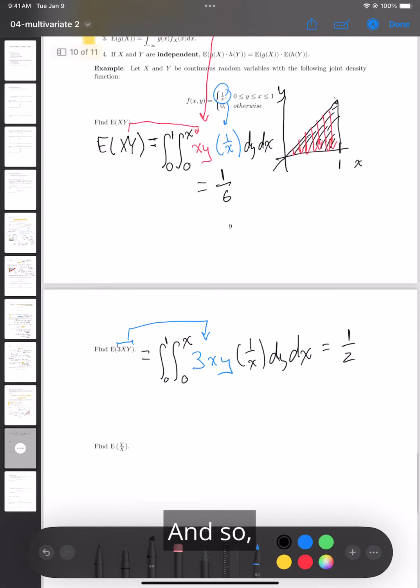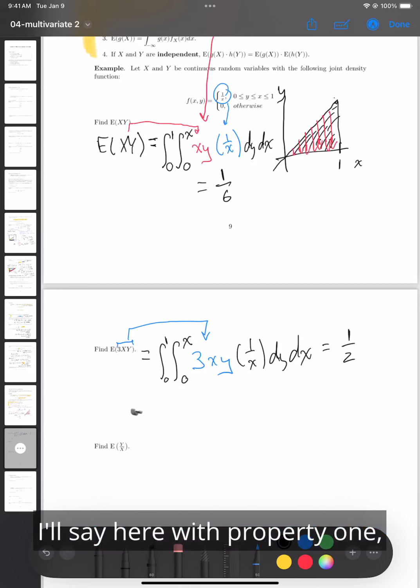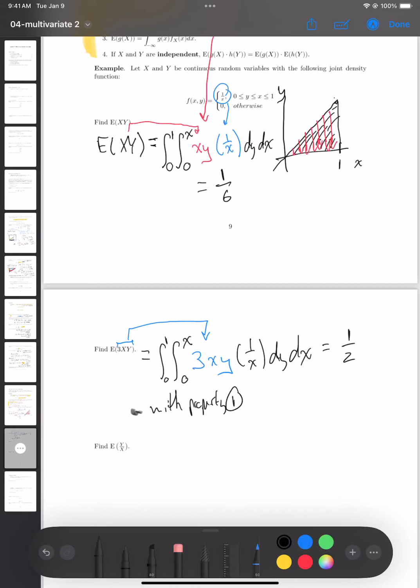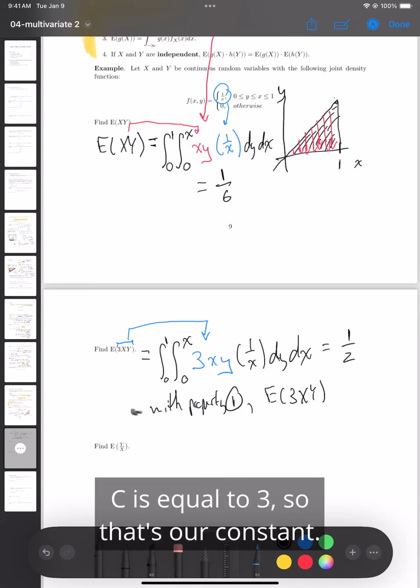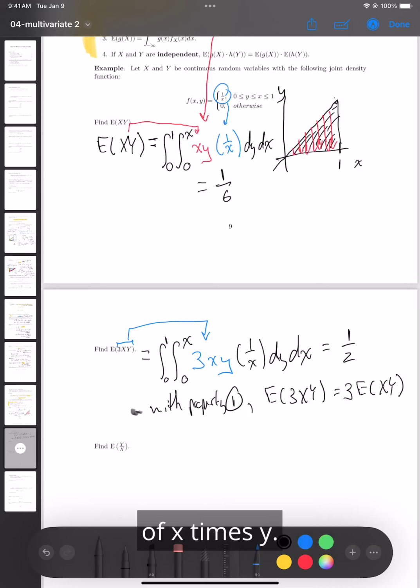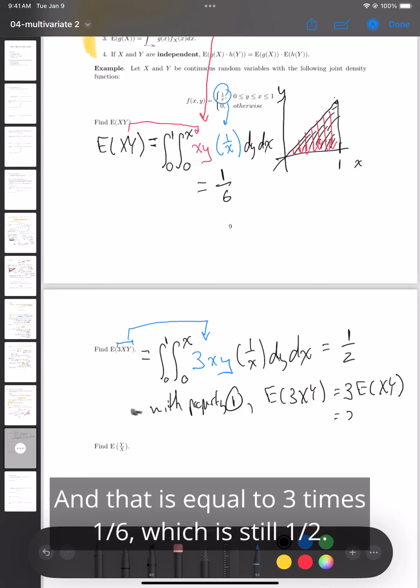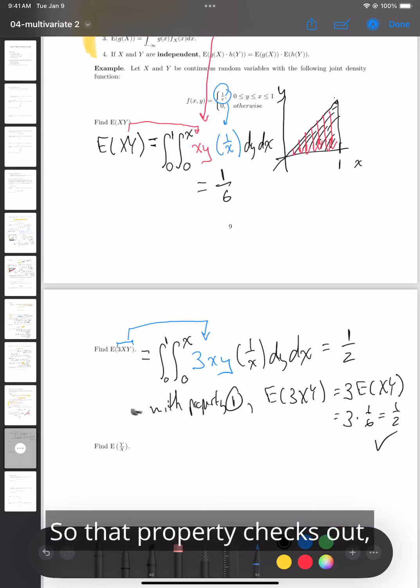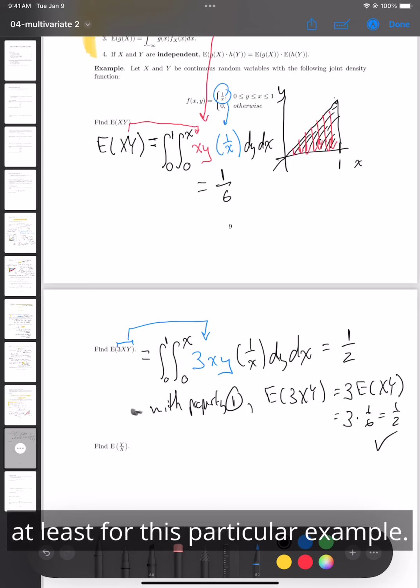So with property 1, E of 3XY, C is equal to 3, so that's our constant. That's going to be equal to 3 times the expectation of X times Y, and that is equal to 3 times 1/6, which is still 1/2. So that property checks out, at least for this particular example.